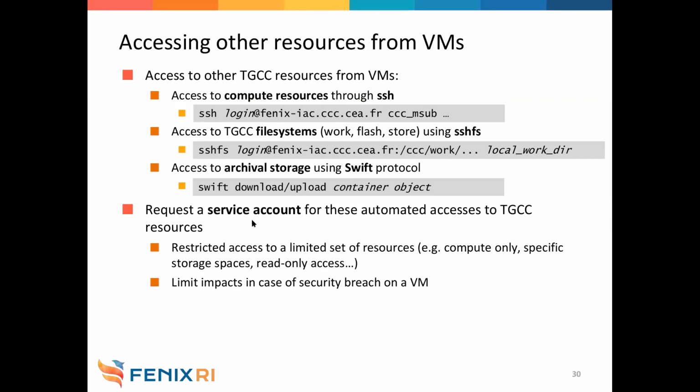In this example, you log into the Fenix AIC login node, and you want to access your CCC work dir from your VM. So you can specify the CCC work path and mount it to a local work directory on your VM. And Swift is available from the internet, so you can also access it from the VMs.